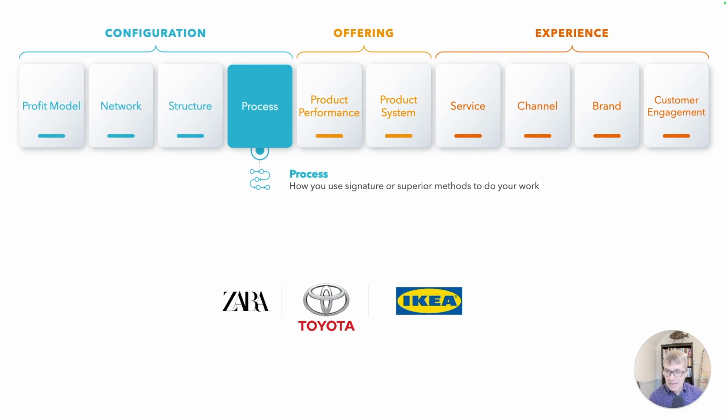Zara, for instance, is from Spain, and there are multiple countries, but basically everything is managed through Spain. If you have a store in New York City, you will get inventory, and that inventory is selected by someone in Spain who is using the data on what was sold before.